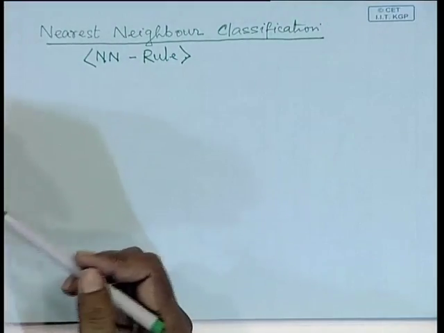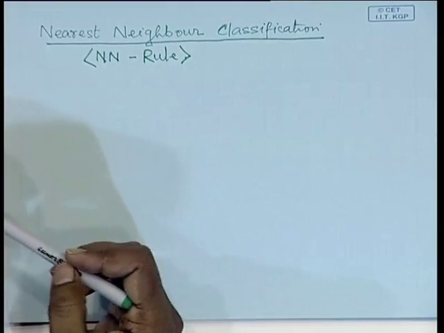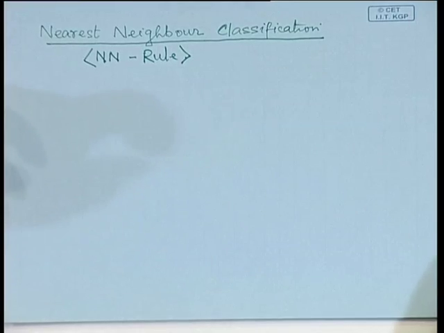So, when you use this nearest neighbor classification technique, what you do is instead of trying to design any classifier or any discriminant function for any of the classes, I have a set of training samples, the training samples coming from different classes. So, if it is a 2 class problem, I will have training samples coming from 2 different classes. For a C class problem, I will have training samples coming from C different classes.